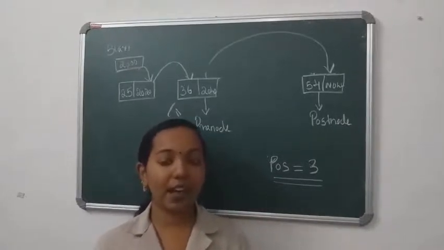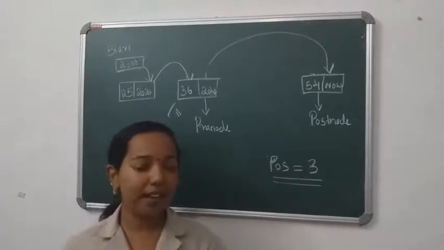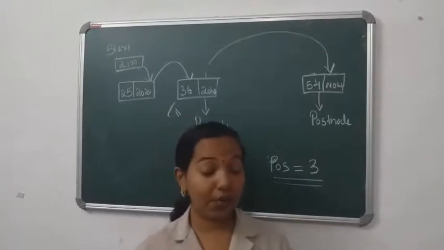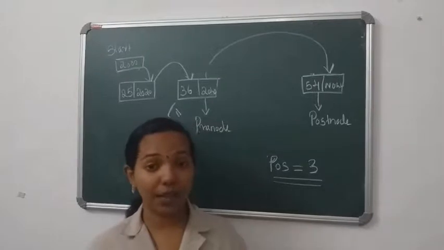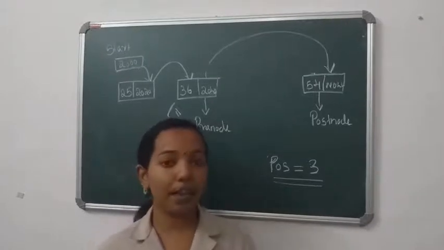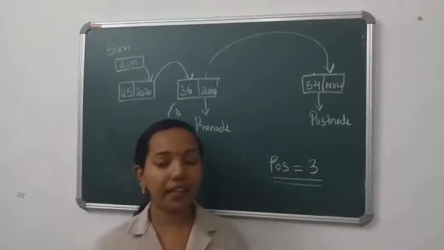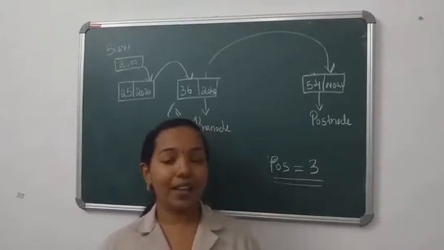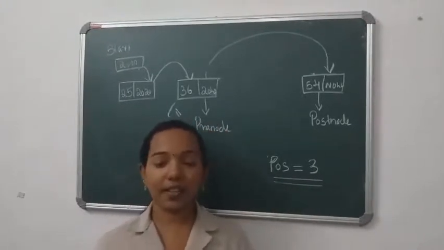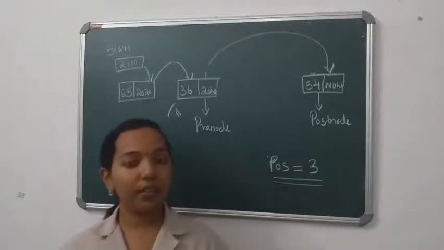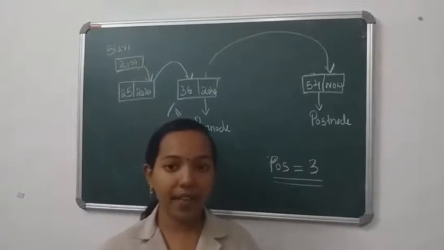Non-linear data structures, tree and graph, we are not going to study in this video because they are not included in your textbook. They are very complex, so you will study them in your higher classes. And the remaining section is linear data structures: queue, stack and linked list.